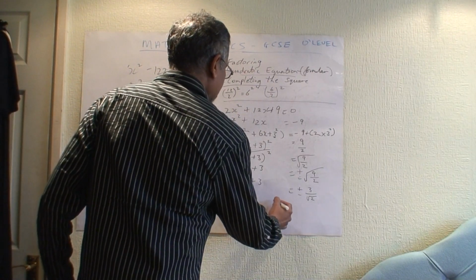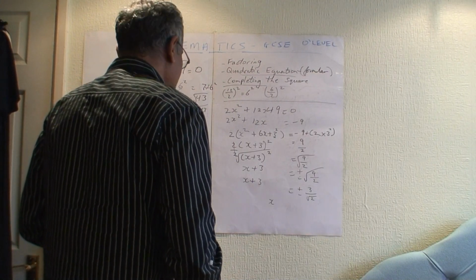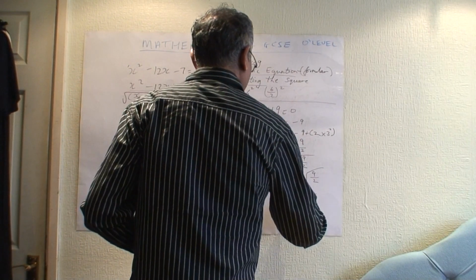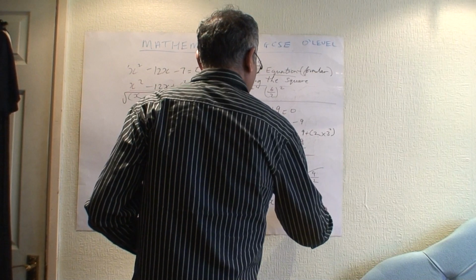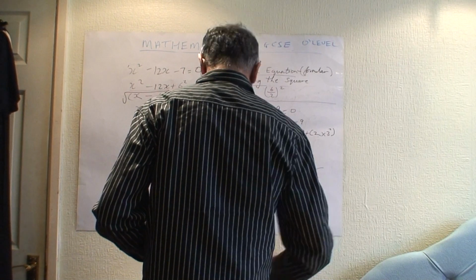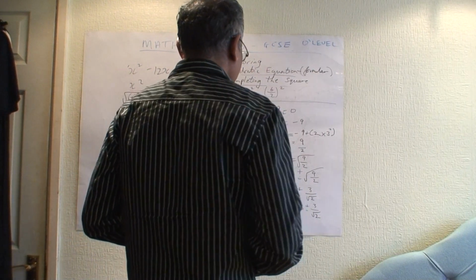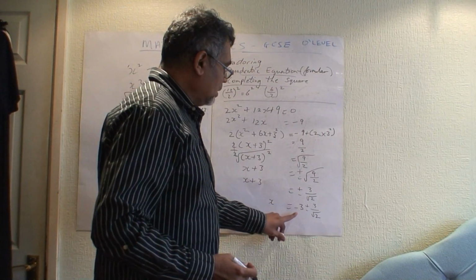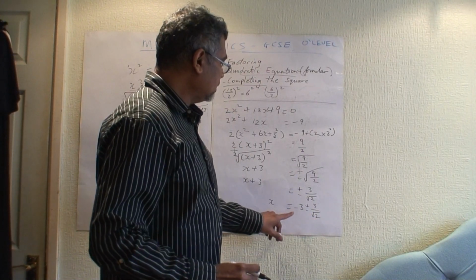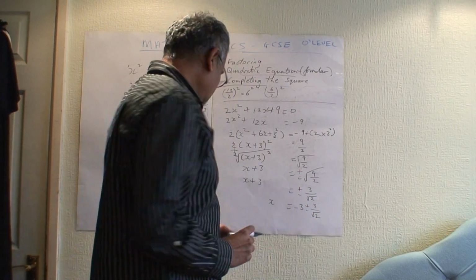So we say x, and this positive 3 goes on this side, then it is negative 3 plus or minus 3 divided by the square root of 2. So we have two answers for x again: minus 3 plus 3 over the square root of 2, that's one answer. The next answer is minus 3 minus 3 divided by the square root of 2. So we have two answers there.